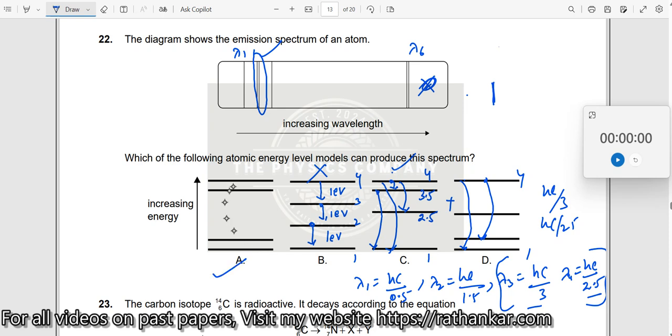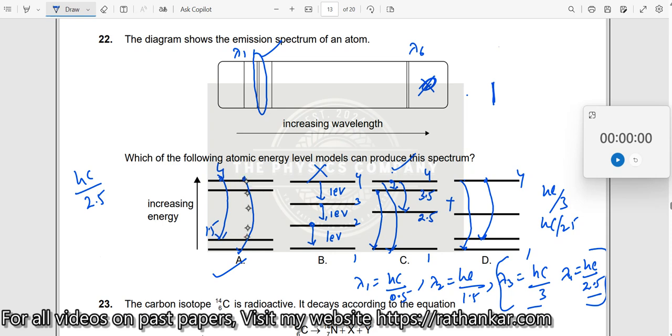Now let us verify whether A is right or wrong. We can discard these two. Now if an electron jumps from here to here, what is the value? This is your 4, this was your 1.5, the difference was 2.5, so your wavelength was hc by 2.5.